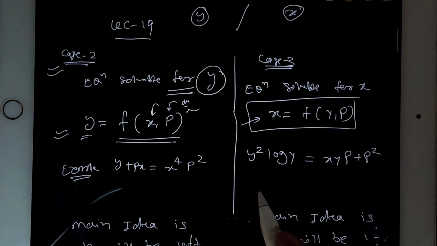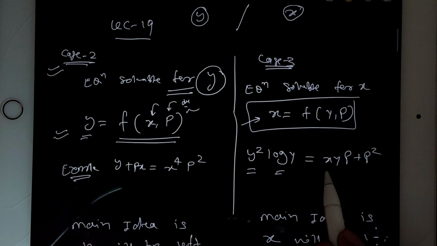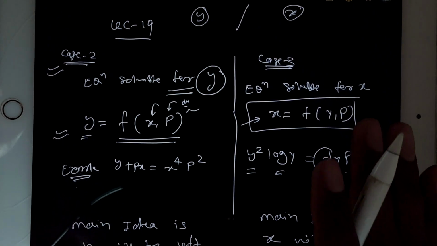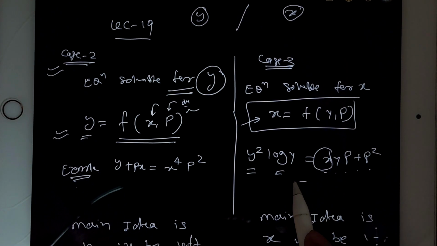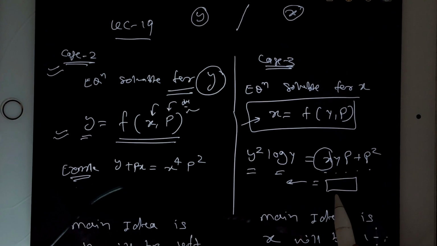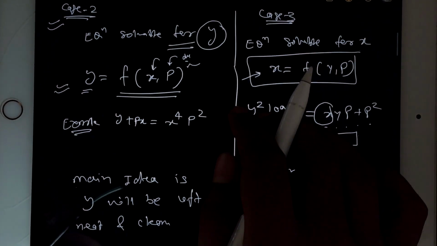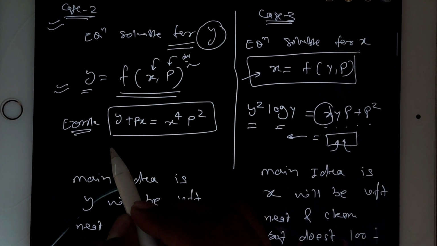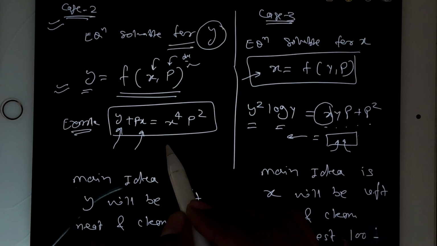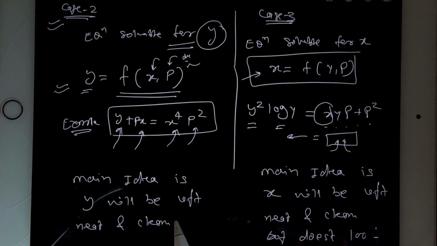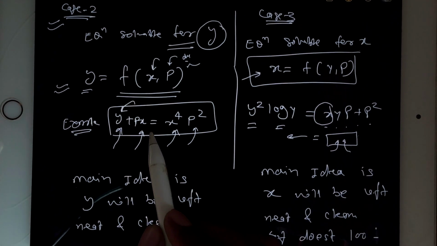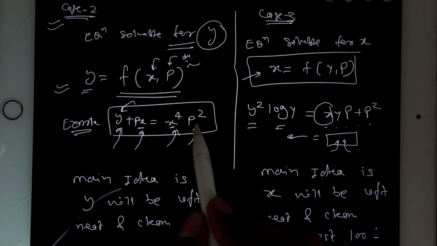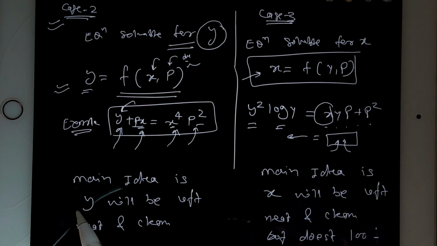For example, if I give you one equation, y square log y is equal to xyp plus p square, you can see only one x is here. So this is the main idea. Take x on the left side and all the quantities on the right side, and there you do something. I will let you know what to do. Like here you see y plus px, x power 4 and p square. So you have only one y and the remaining things are x, x and p and p. So what is the main idea?